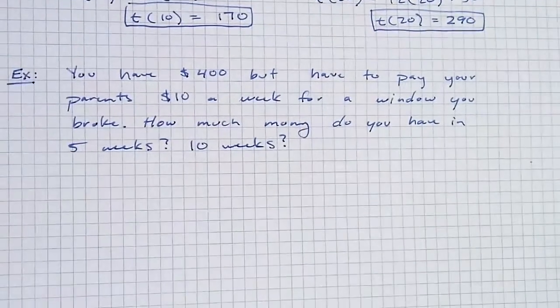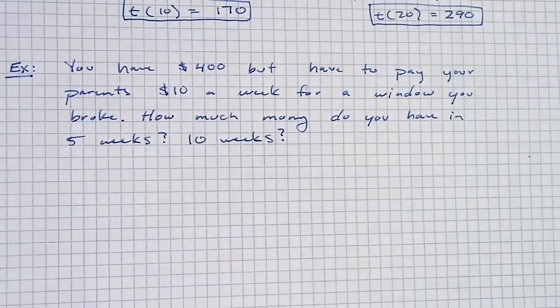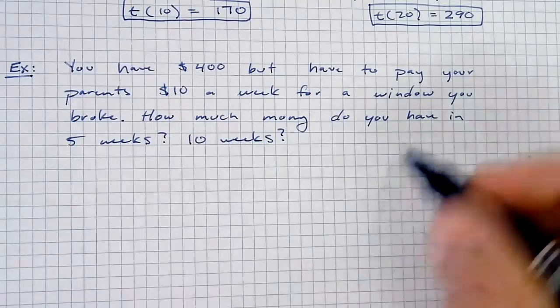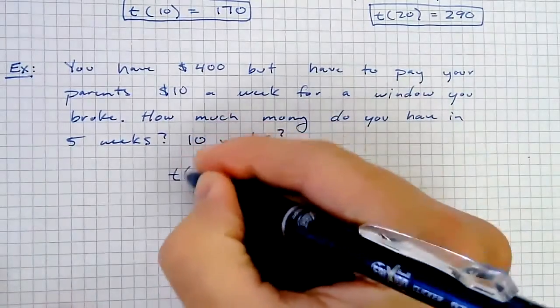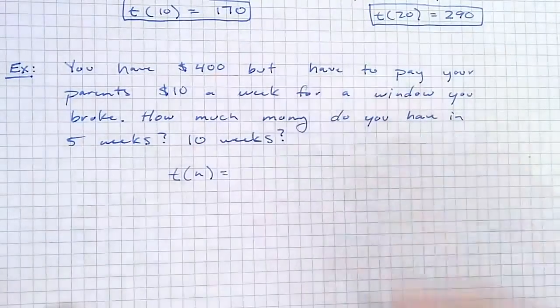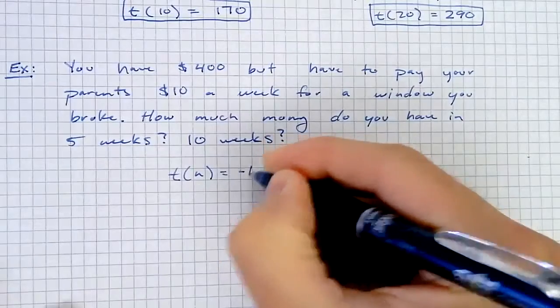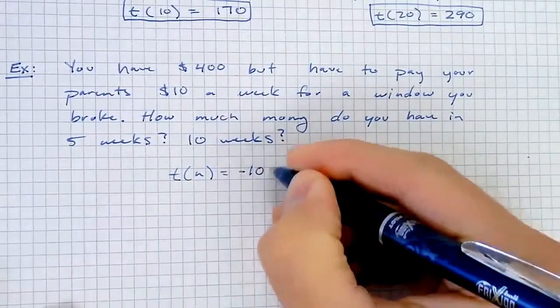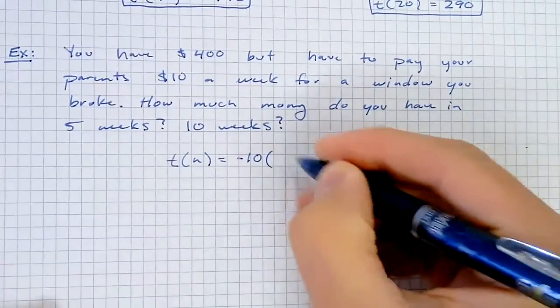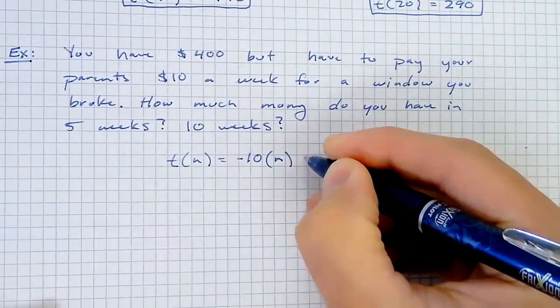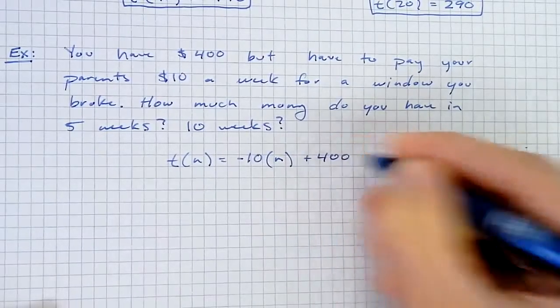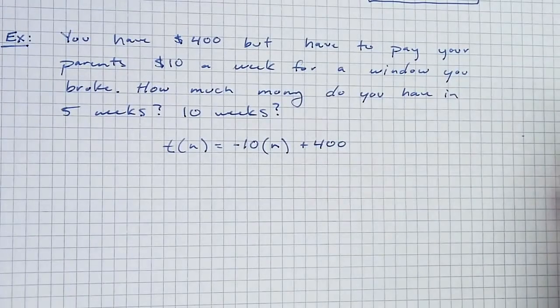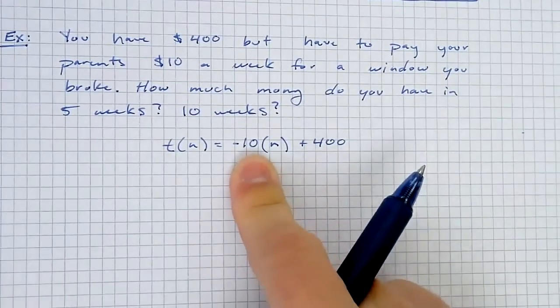Okay, try this one on your own. So we have our equation. Since we're losing $10 a week, we have negative 10 times n plus 400, for that $10 we're losing each week.